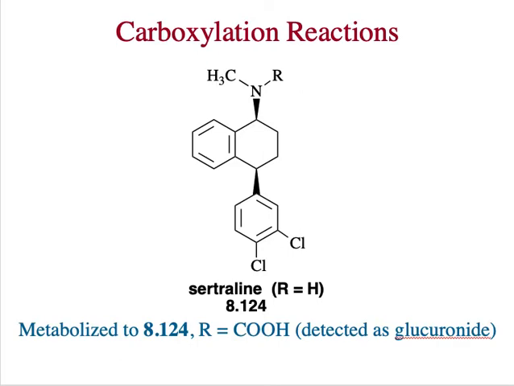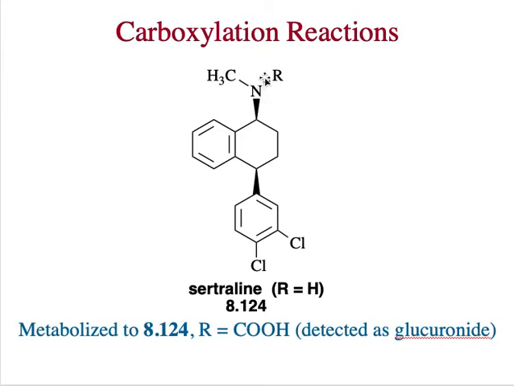So here's another example of a carboxylation reaction. So this is, again, now we're forming a bond. Sertraline, so this is an antidepressant molecule, and what happens here is really interesting.